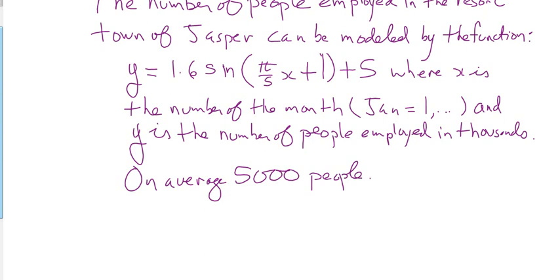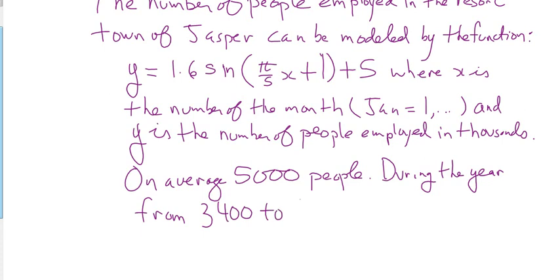What are the fewest number of people employed, say during the year? From, so what's the fewest? From 3,400. And what's the mostest? 6,600.